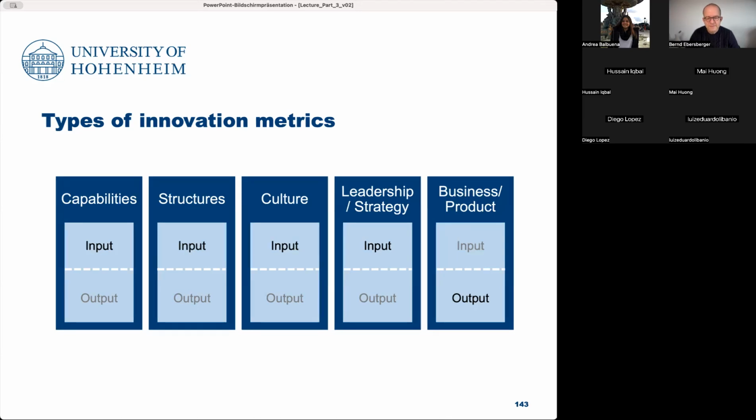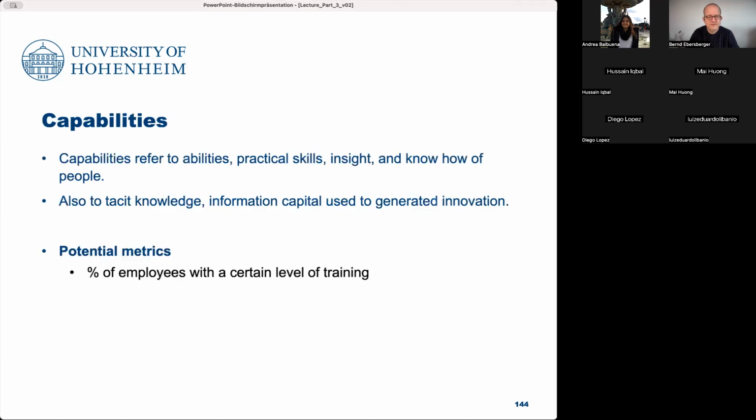Okay, and we will now look at different metrics that help us to capture capability, structure, culture, leadership, and business and products.